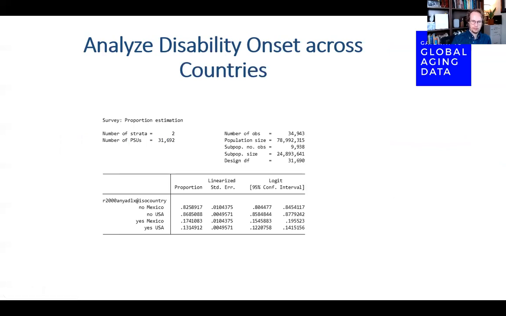When we look at these results, again we're going to look at our yes result, so the people who did develop a disability, since incidence is often looking at the number of developments. We can see that it looks like a different picture for incidence than for prevalence. Of the people we're looking at, who were 50 to 69 in 2000, we would estimate that 17.4% of those in Mexico would develop a disability by 2012, but in the US, 13.1% would.